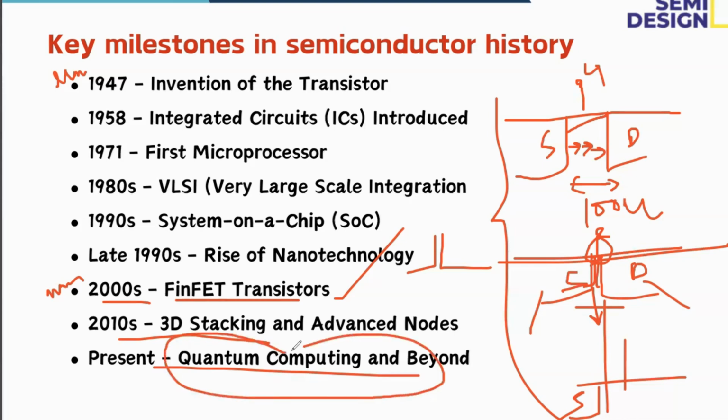Quantum technology is at the atomic level. Whenever it is reduced to 1 nanometer, it doesn't contain a huge number of electrons; we treat just a few electrons, like 1 or 2 or below 5. At the atomic level, we are going to store the data.